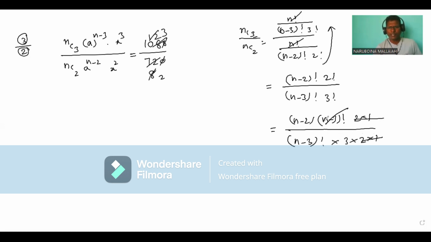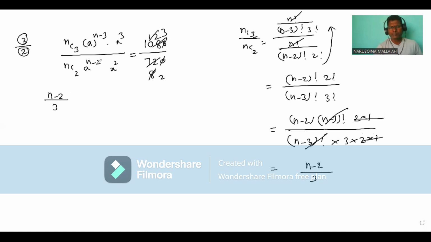Now this n minus 3 factorial gets cancelled. In the numerator we are left with n minus 2 by 3. So here I am writing n minus 2 by 3. Now the a terms here: a to the power of n minus 3, a to the power of n minus 2.